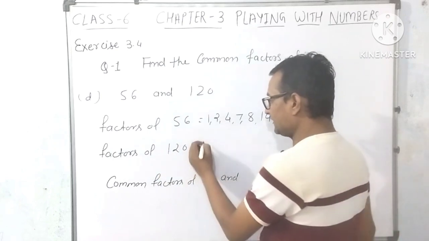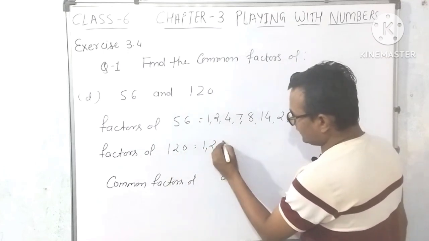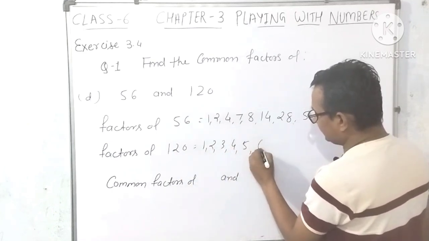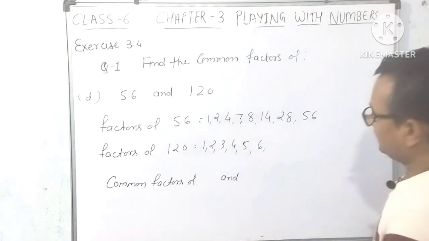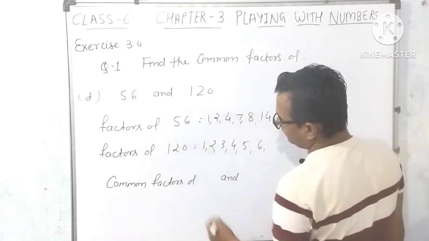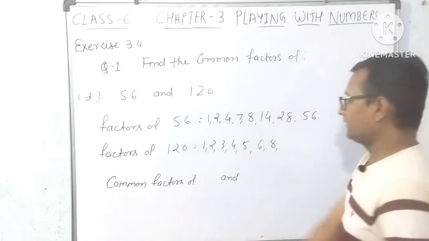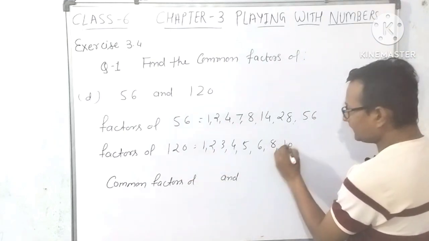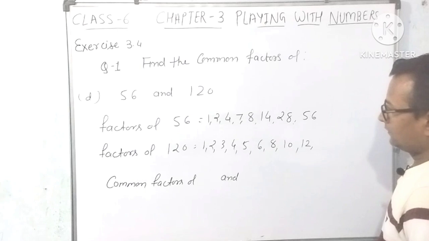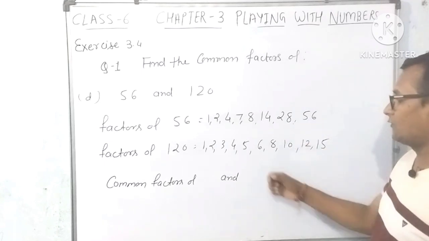Now the factors of 120. So factors of 120 are 1, 2, 3, 3 fours are 12, 4, 5, 6, 2 sixes are 12. 7 is not possible. 8, 8 fifteens are 120, so 8 is a factor of 120. 9, 10, 10 twelves are 120. 11 not possible. 12, 13, 14, 15 is a factor of 120.